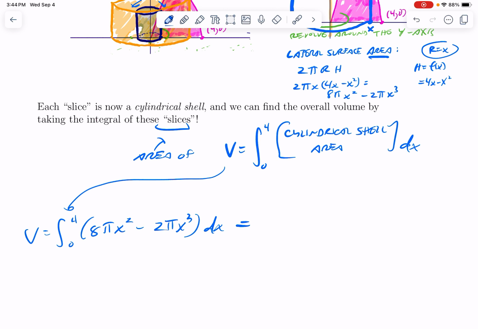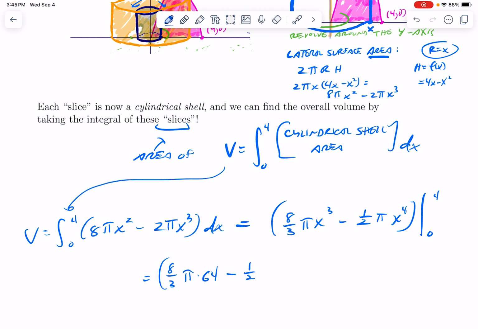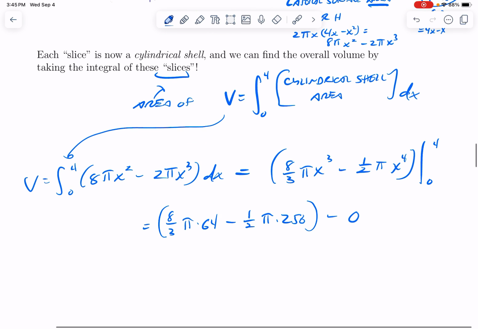So we still need to do this. This one's doable without a calculator, so let's do it. We would have 8/3 pi x to the third minus 1/2 pi x to the fourth. We plug in 4, we get 8/3 pi times 64 minus 1/2 pi times 4 to the fourth, which is 256. If we plug in 0, we get 0. So now, maybe I regret not using my calculator, but this one's doable.